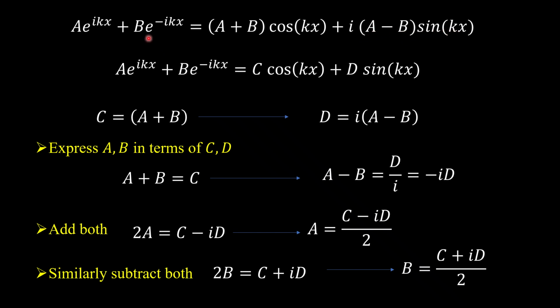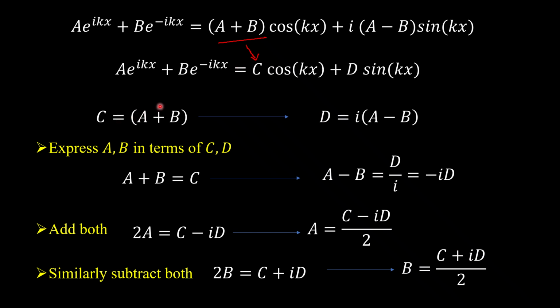Now we have to show that this linear combination of exponential terms is equivalent to the linear combination of sine and cosine terms, that is, c cos kx plus d sin kx. You compare these two equations. Then that means a plus b is equal to c.